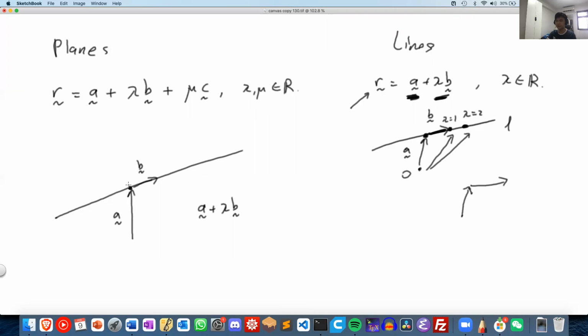So now we allow C. So C is a vector that is not parallel to B. So an important note is that C cannot be parallel to B. And what not being parallel means is that they are not scalar multiples of each other. You cannot find a scalar that scales C to be equal to B. So you can revisit my miscellaneous properties video on vectors if you're not familiar with the idea of parallel vectors.